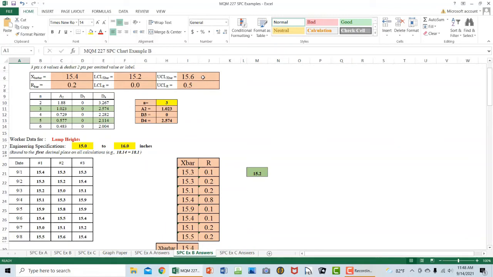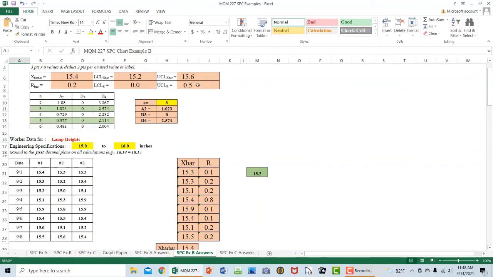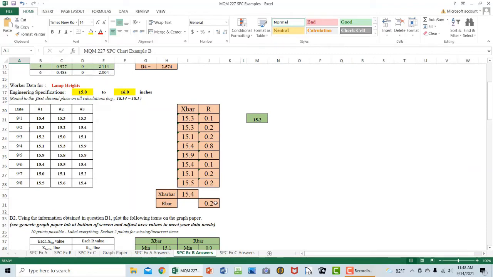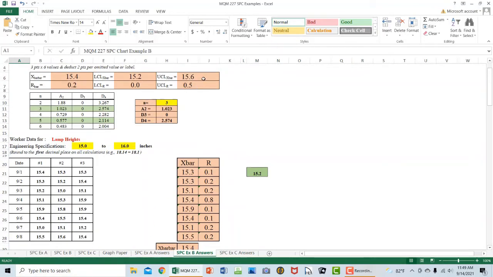And you'll come up with that number hopefully. For the lower control limit for the range chart, we have n equals 3. D3 ended up being 0, so it's going to be 0 times R bar, which is 0. This one will be D4, 2.574 times 0.2, and that will be your upper control limit for R.